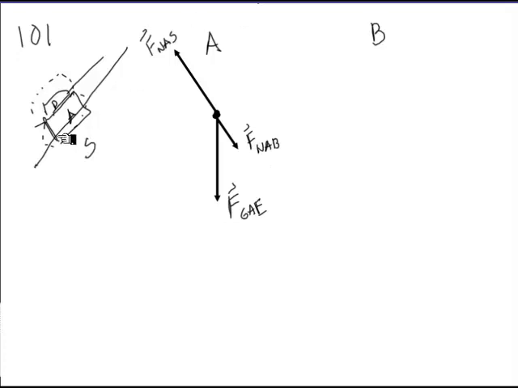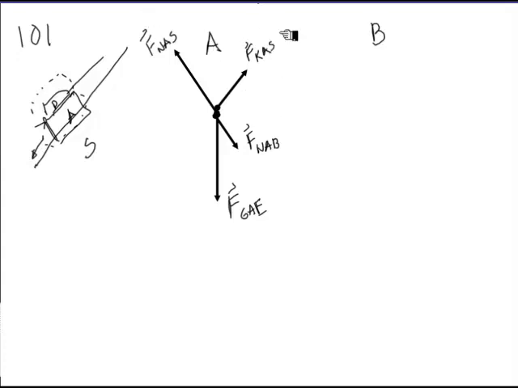And block A is sliding down this ramp at a constant velocity. So it is moving, and there's relative motion between both of these surfaces. So both of these surfaces are going to exert a frictional force. There's going to be a frictional force from the bottom surface, which I'll say FKAS.